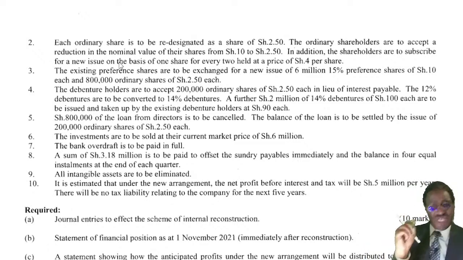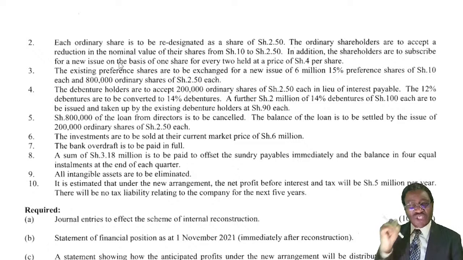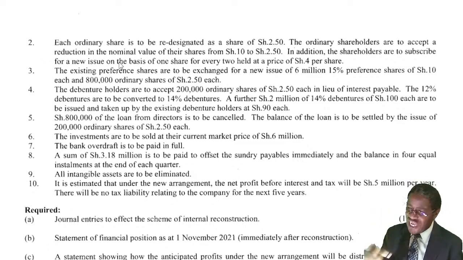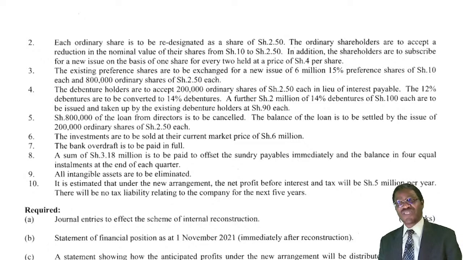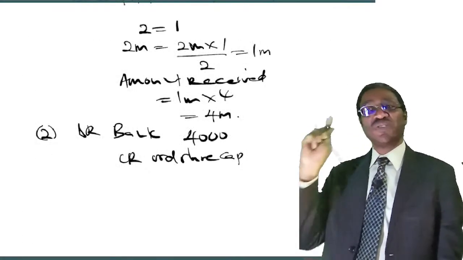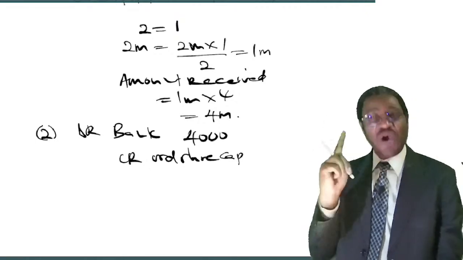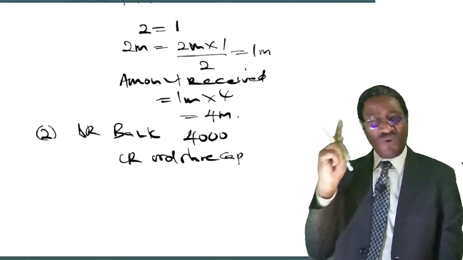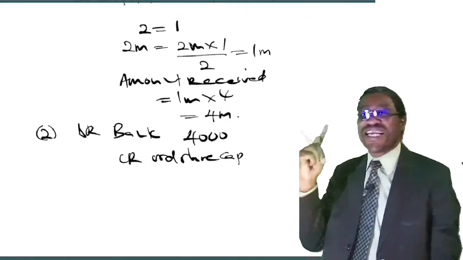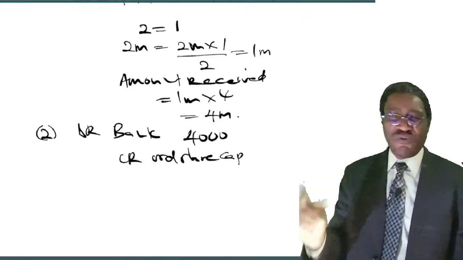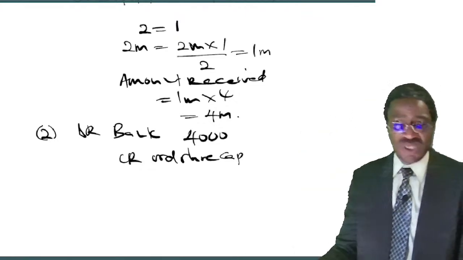Listen carefully, 1 share from now on is no longer a share of 10 bob. 1 share from now onwards is a share of 2.5. 1 share was redesignated as a share of 2.5. Get the point?